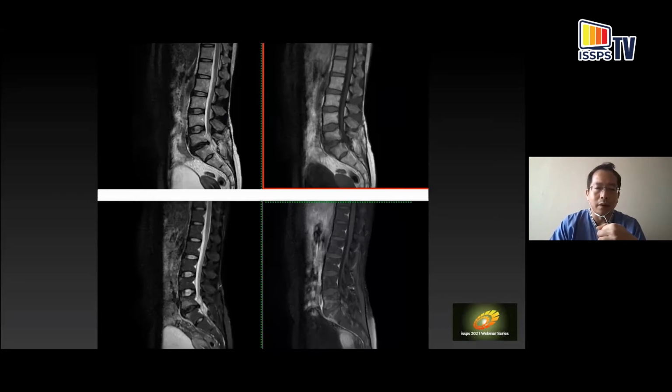So this gets rid of the signal from the visceral fat and the subcutaneous fat, as well as signal within the marrow itself, bone marrow fat, leaving us with nice signal within the discs, allowing us to pick up desiccation within an intervertebral disc, allowing us to detect bone marrow edema or Modic type 1 end plate change in the paravertebral end plates, which may independently be pain generators themselves.